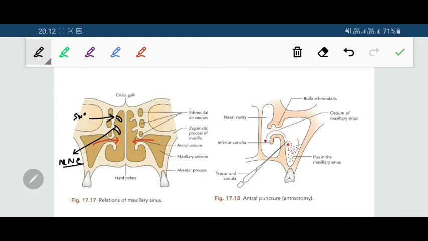This is the superior nasal concha, and this one is the inferior nasal concha. So the maxillary sinus is draining in the space underneath the middle nasal concha, and that space is known as middle meatus.